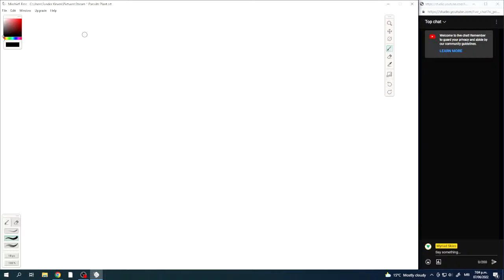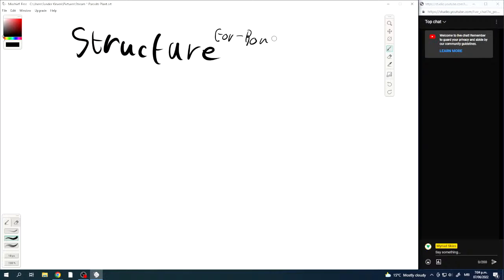So first up, what kind of materials does it need? It needs stuff for structure, which is stuff like bones, skin, all of that kind of stuff.